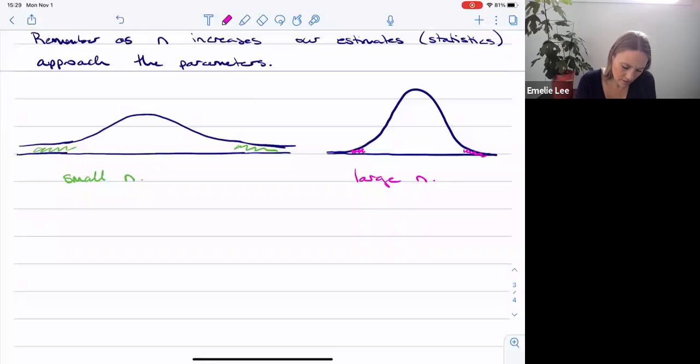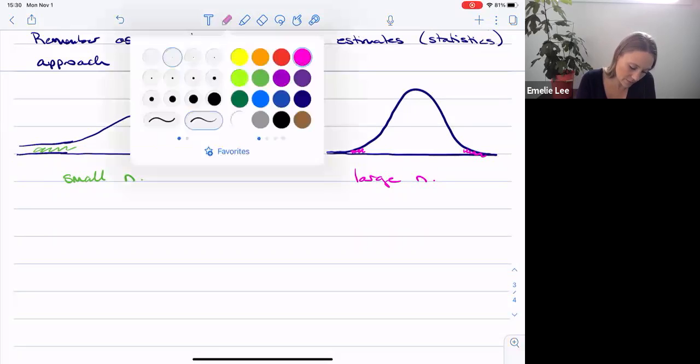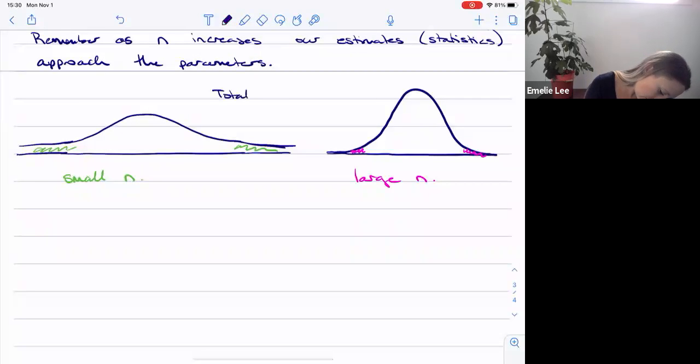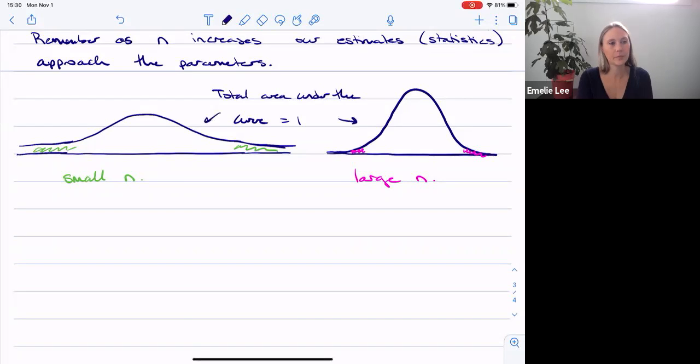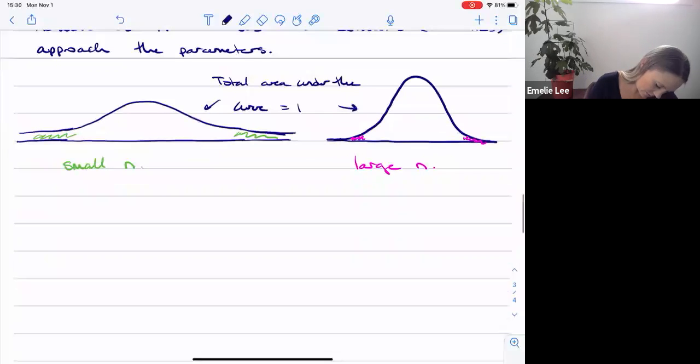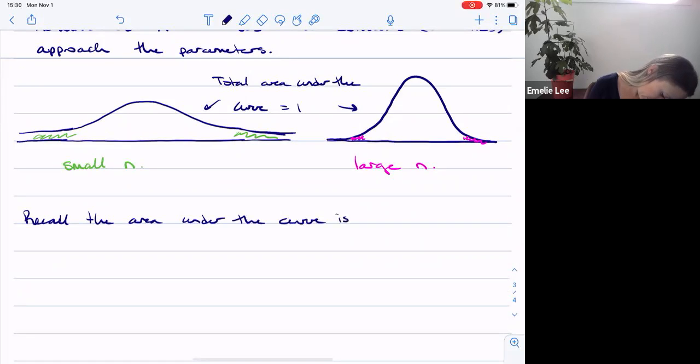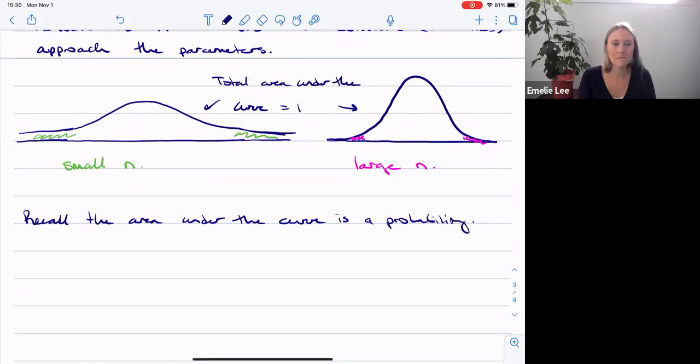Why is that? Remember that the area under the curve is a probability, and the total area under the curve is 1 in both cases, regardless.